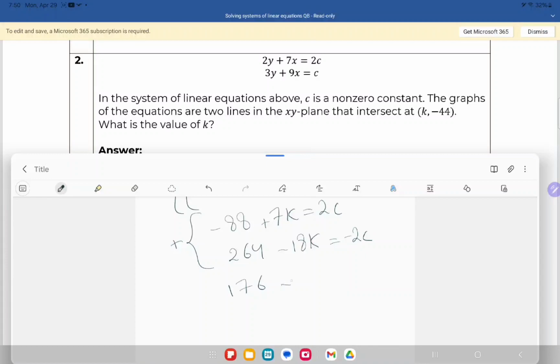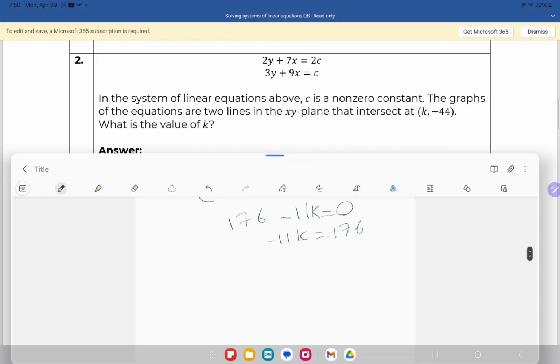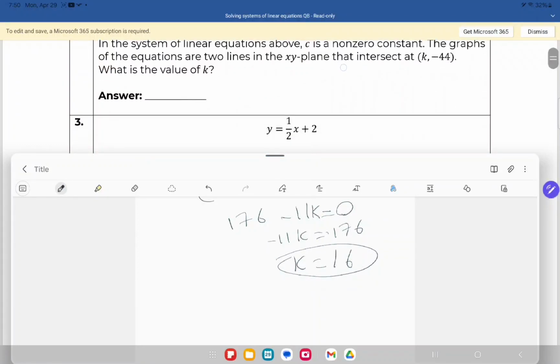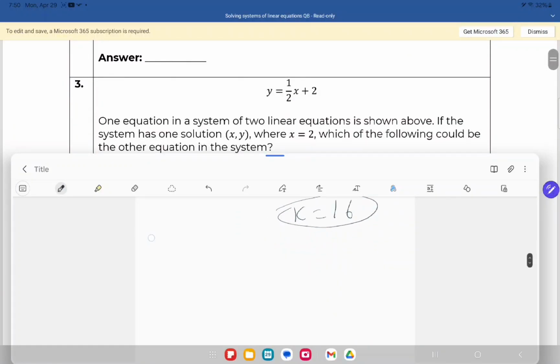Minus 18k plus 7k is minus 11k, which is equal to 0. So minus 11k is equal to minus 176. K is equal to 176 divided by 11, which is going to be 16. So the value of k is equal to 16.